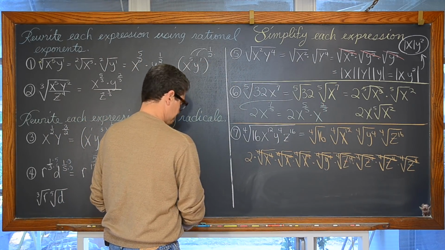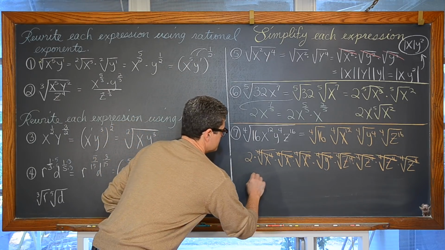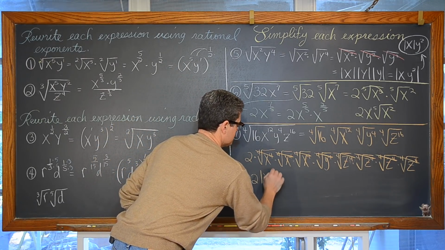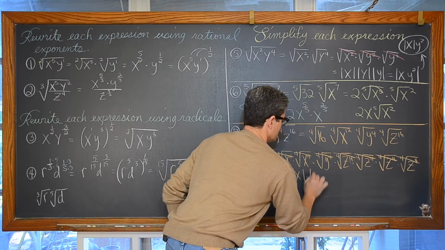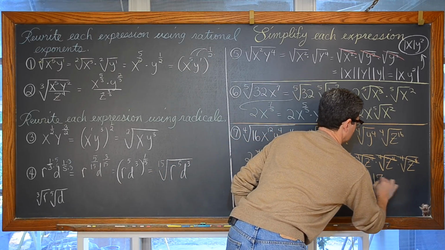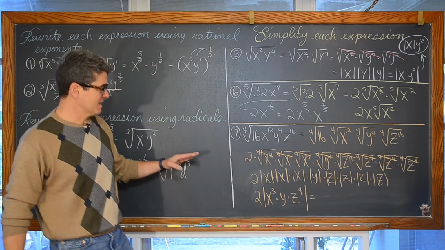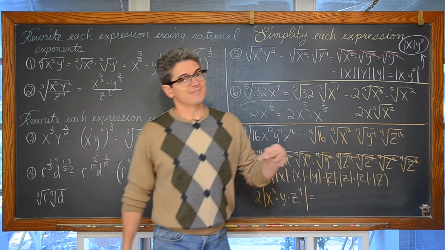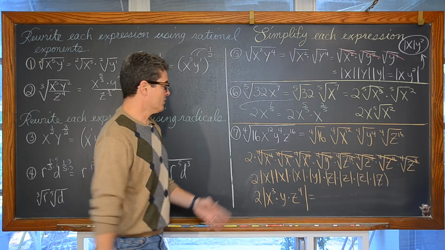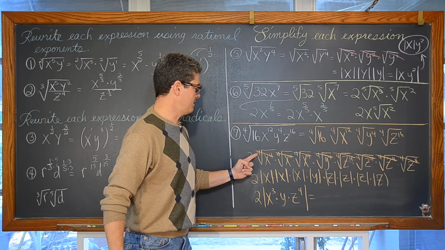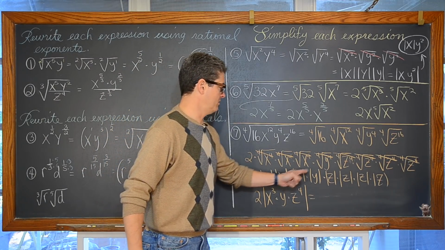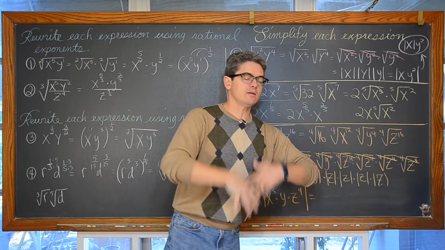So we have 2 times the absolute value of x, and let's be honest, this is annoying. But you're really seeing that matching index and power and reminding you that you're going to need those absolute value signs.